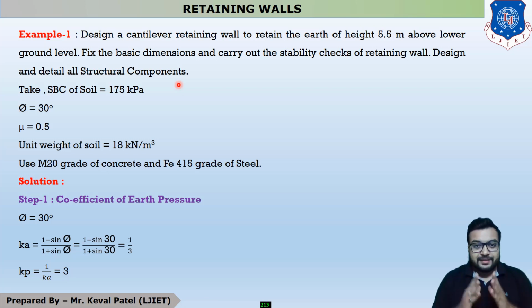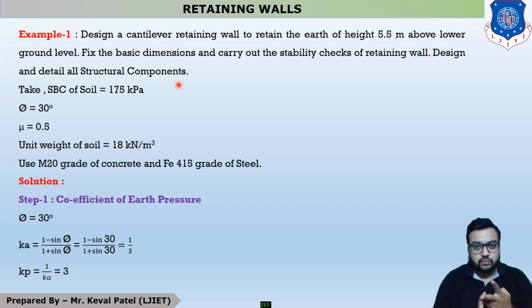In GTU there is only one component asked to design. Say for example, it is called design the stem only. Then we have to calculate our step number 1, 2, 3 and 4, because our step number 4 is design of stem. Our step number 1 is find out coefficient of earth pressure.